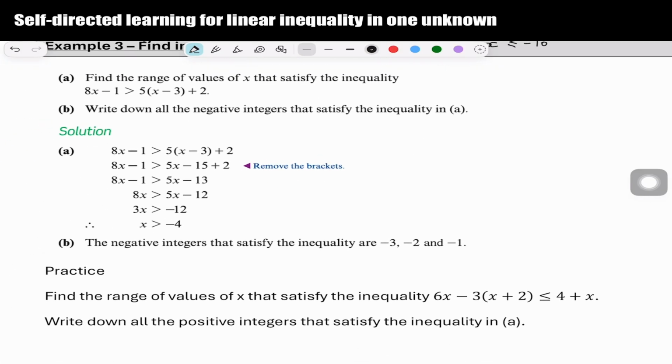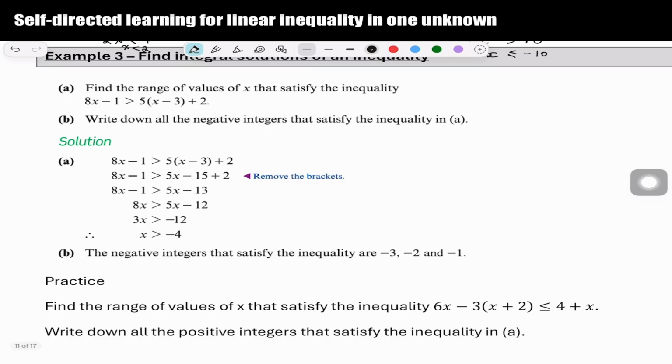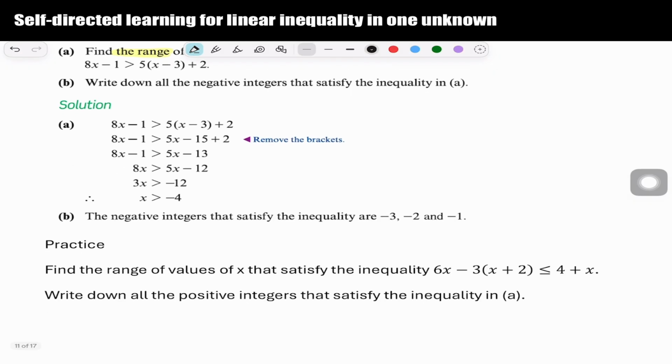And again, for this one, you are going to find the range. This time the terms are not really the same. Finding the range basically means solving the inequality. After that, if you draw the number line, the graphical solution, you have -4 here and 0 here, and hollow.